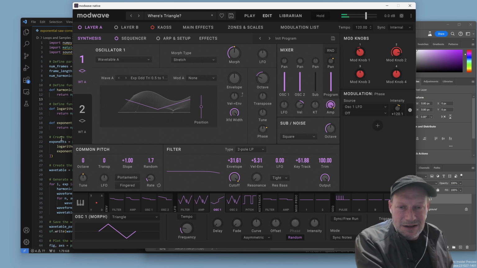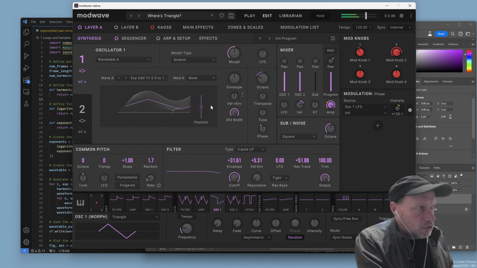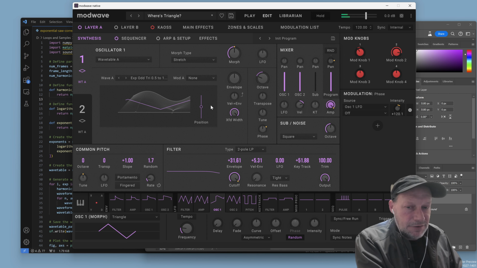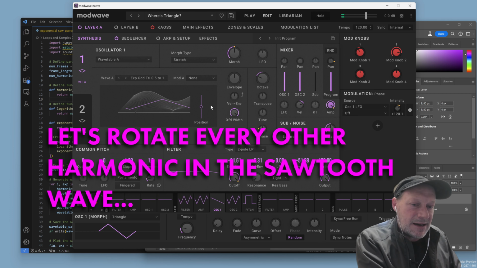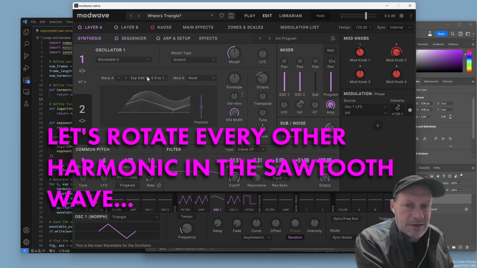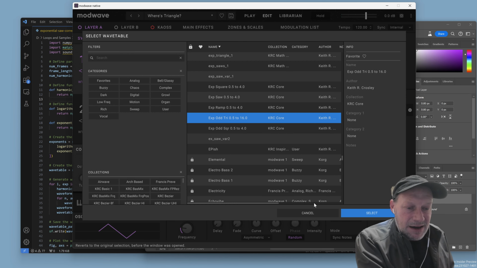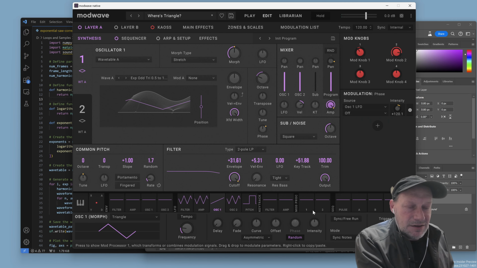So that was an interesting and fun discovery. That leads us to another idea. In the same way that the triangle wave has every other of its odd harmonics rotated by 180 degrees, I wondered what happens if we take the Sawtooth wave and do a similar thing.